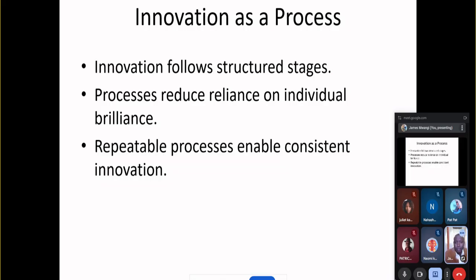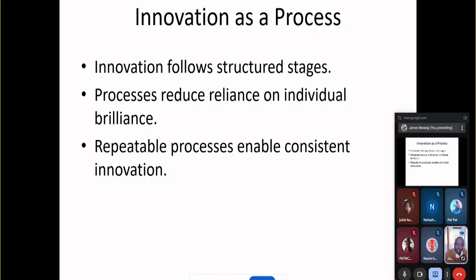And that is something that we know. So from an innovation perspective, we also want to reduce reliance on individual brilliance. That's why we said yesterday, walk on a beaten path where people have already walked, so that you don't reinvent the wheel.